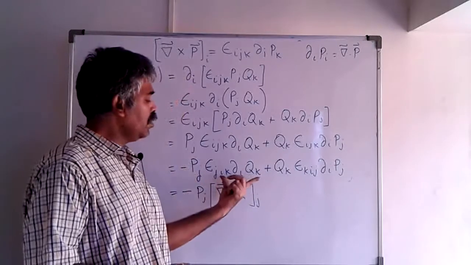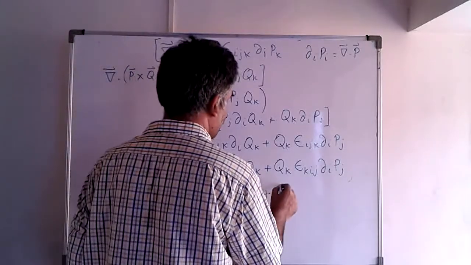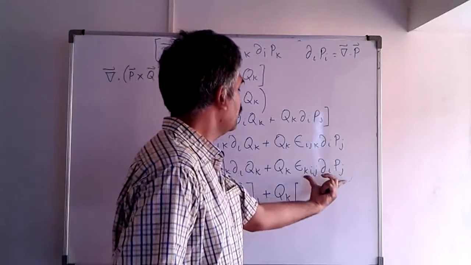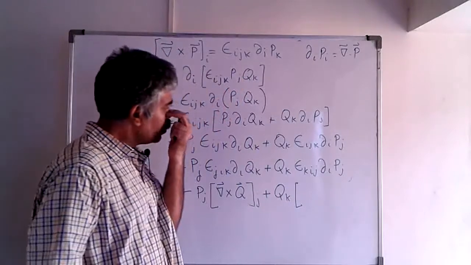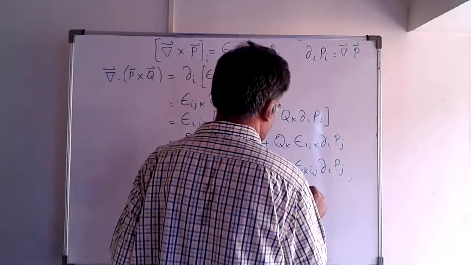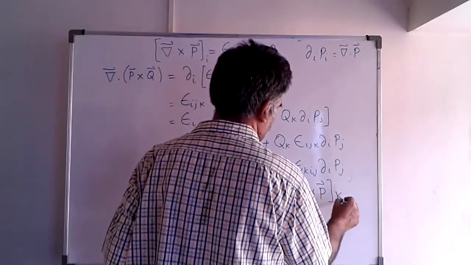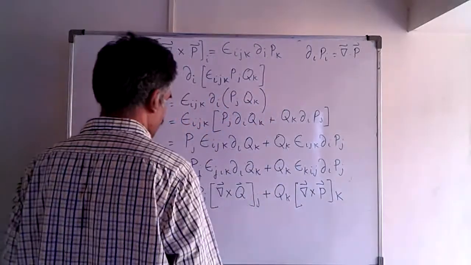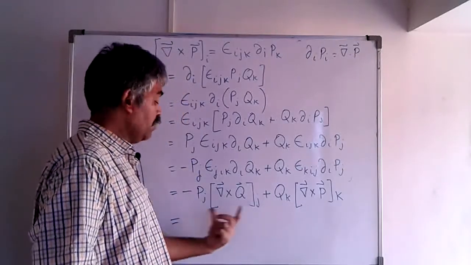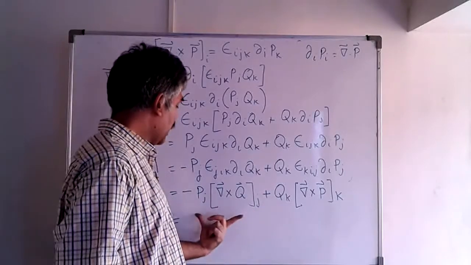This jth component of del cross q, this part, plus qk, you take, this is del cross p, and the component will be the kth component. So this is the dot product, the divergence of, right? So this is negative, this is positive.